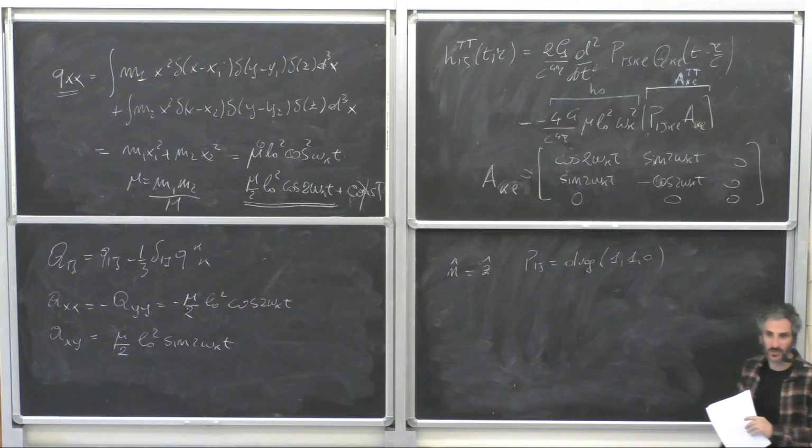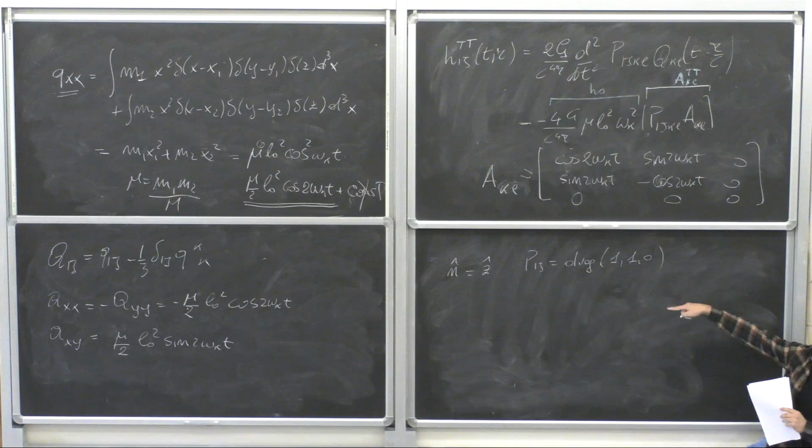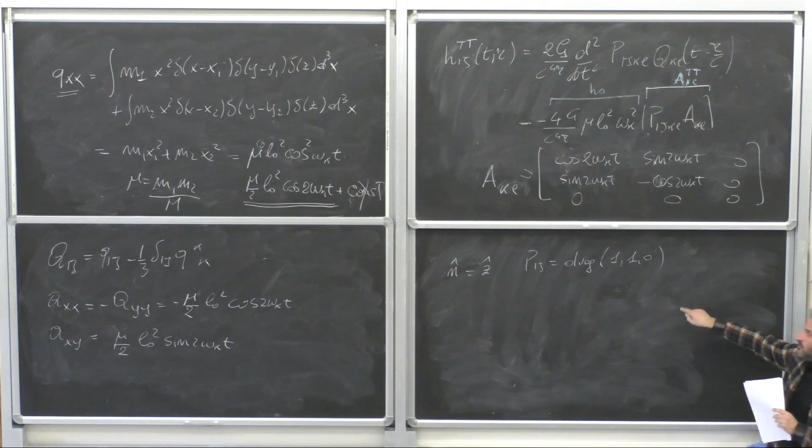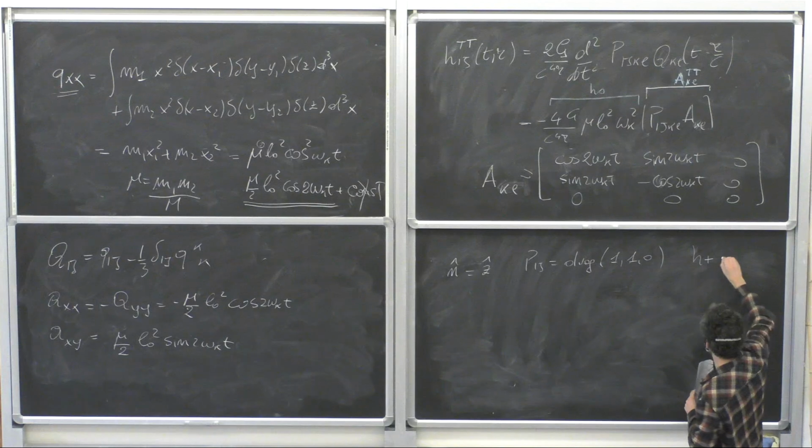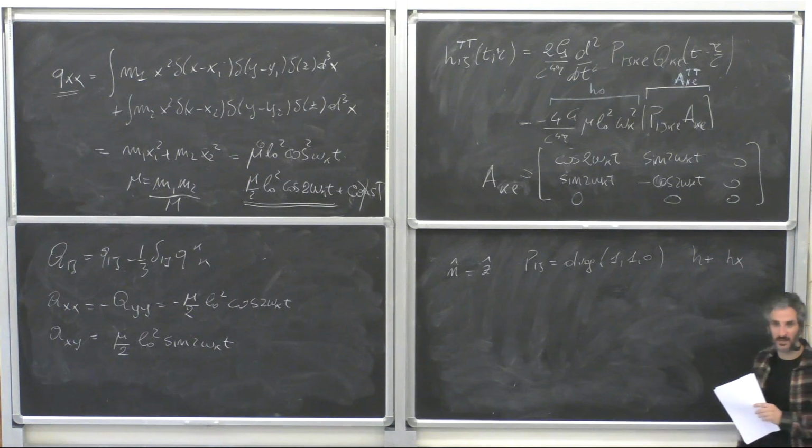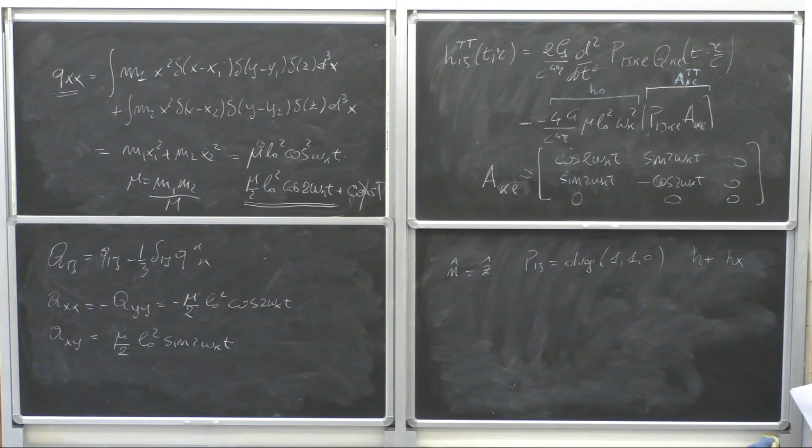And I won't show it here, but in this particular case, you will have that the waveform is circularly polarized. So it will have basically both h cross and h plus components.